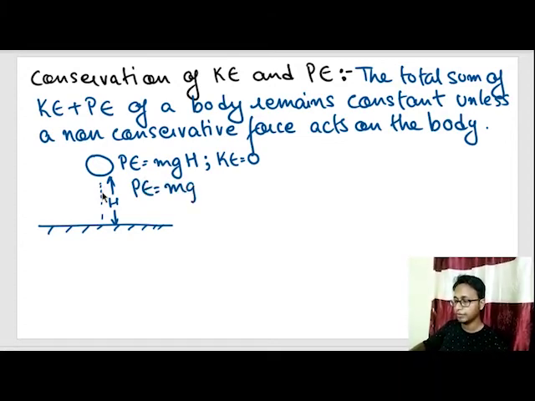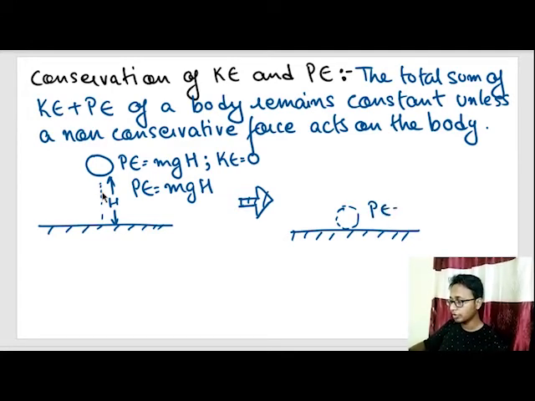Now let's assume a case when the ball has dropped on the ground. Out here, potential energy is equal to 0, but kinetic energy is equal to half mv square, where v is the velocity just before hitting the ground.